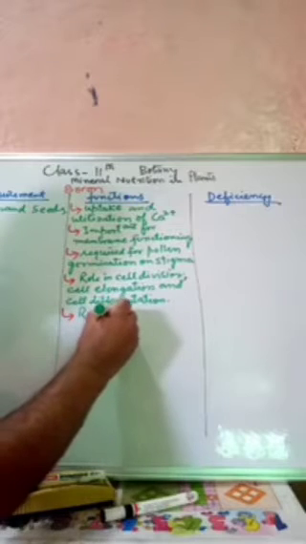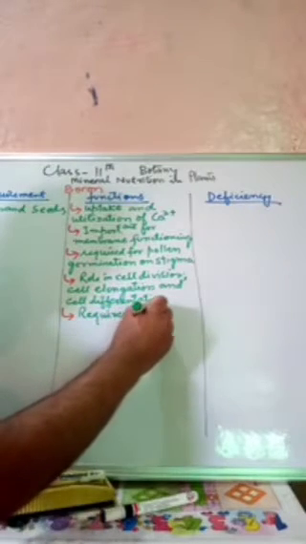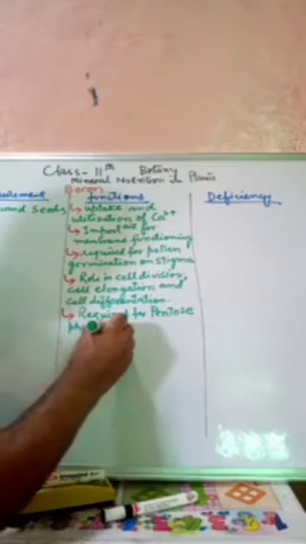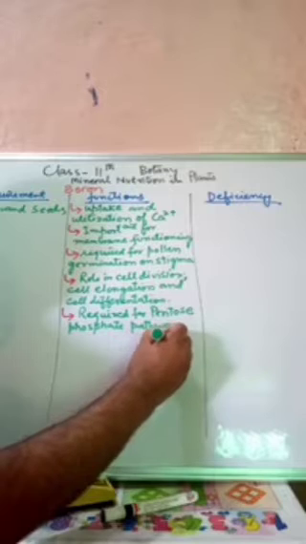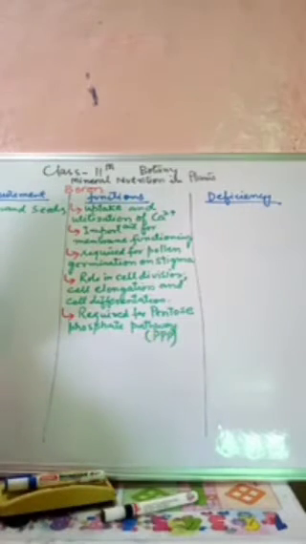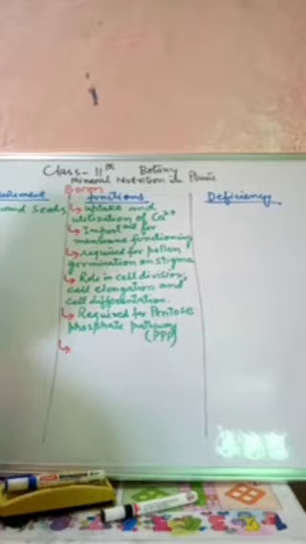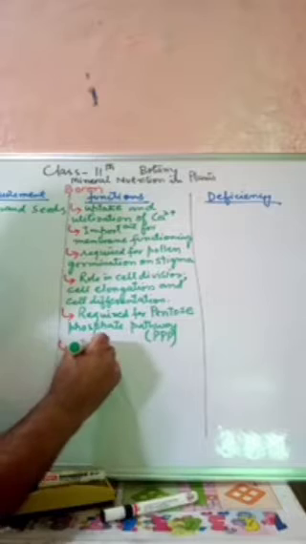One more, it is required for pentose phosphate pathway, which can be simply written as triple P, pentose phosphate pathway. One more we will write: it is required for regeneration of tissues.